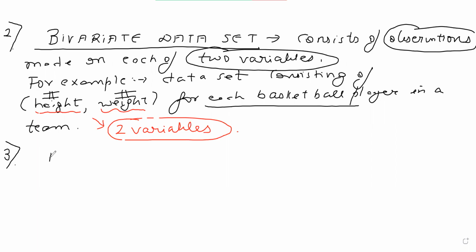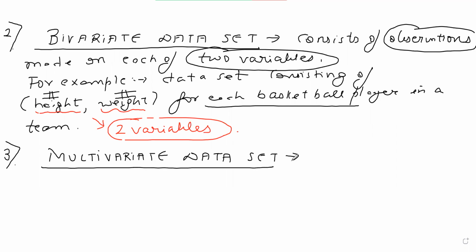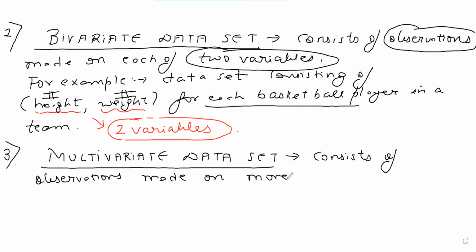Another type of data set, as we all know, is the multivariate data set. In real life, we mostly deal with multivariate data sets. Obviously, it deals with observations regarding more than two variables. So I can write it consists of observations made on more than one variable.